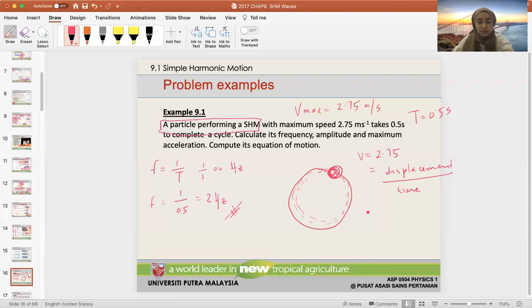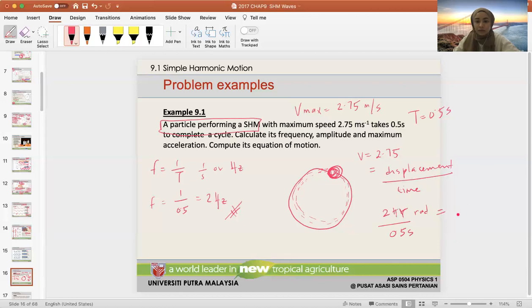What is the displacement for one cycle? It is 2 pi r, because that is the circumference, that is the path that the particle takes to complete one cycle. And then one cycle takes 0.5 seconds, right? 2 pi r over 0.5 seconds. This is radian.